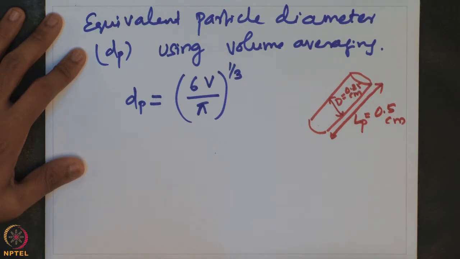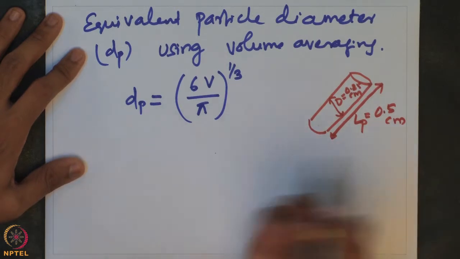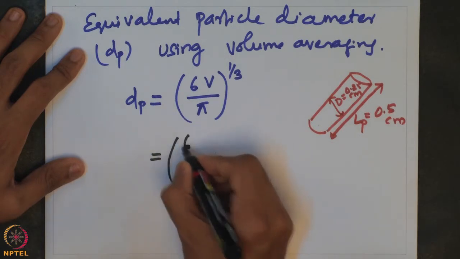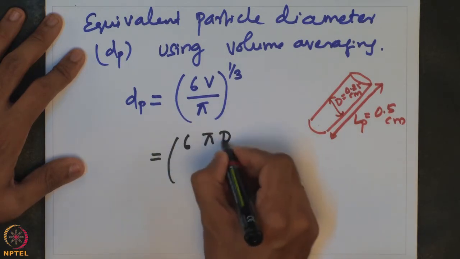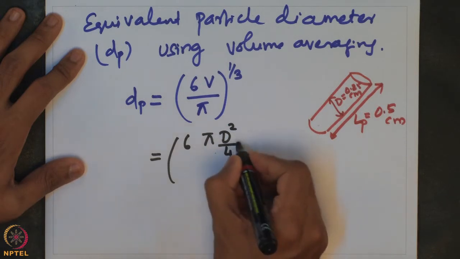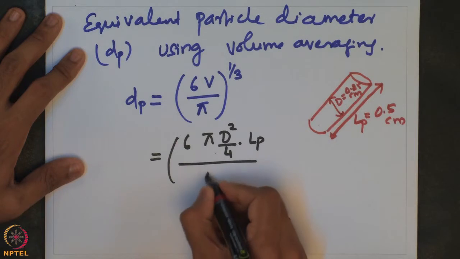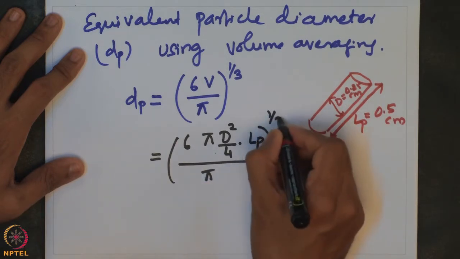Now, how do we find this? We do know the volume of the cylinder. So, this is essentially given by 6 into pi d square by 4 into the length of the cylindrical particle, divided by pi, to the power of 1 by 3.